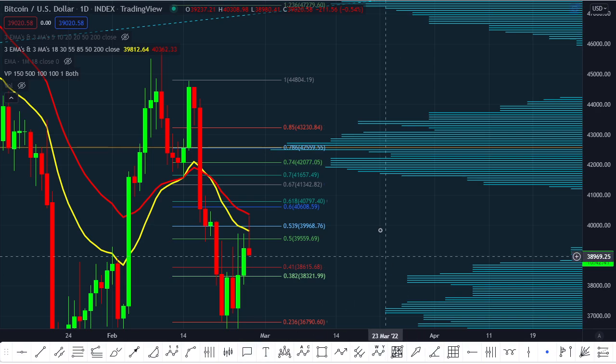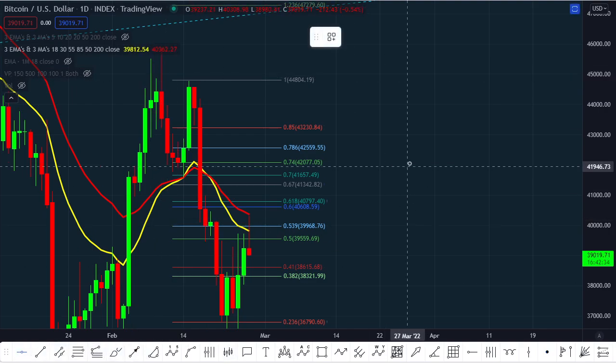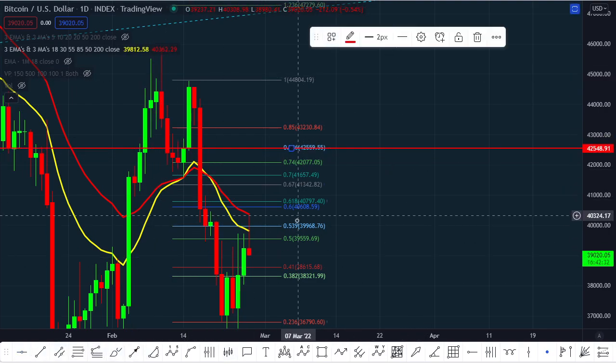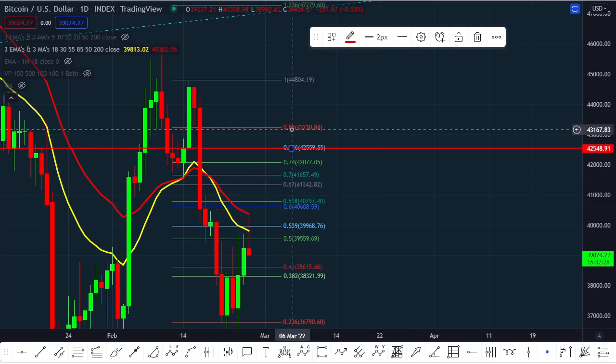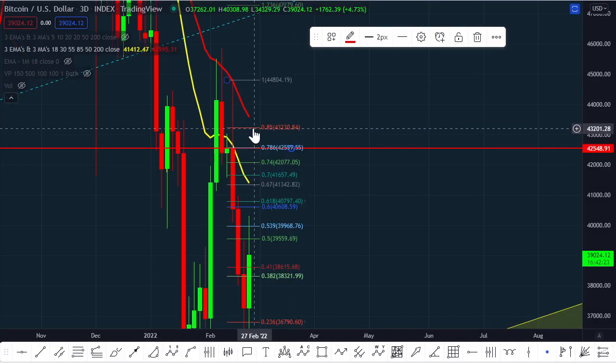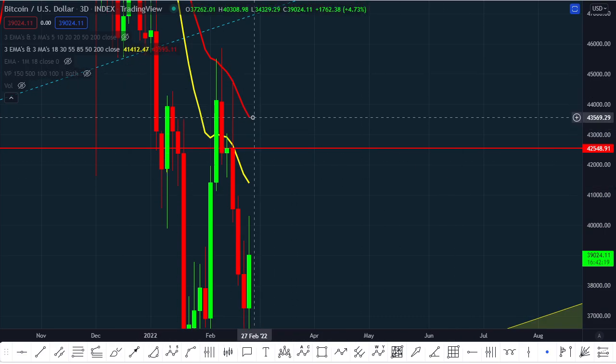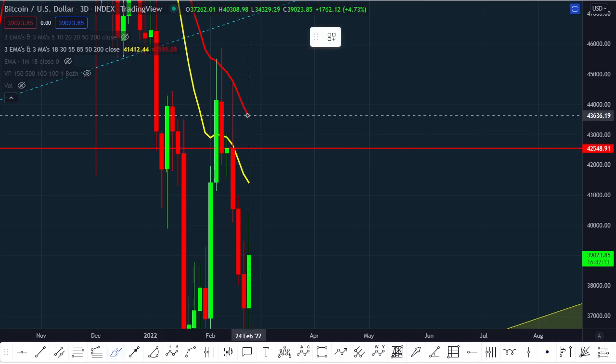Very, very strong resistance. And I'm going to show you one more thing. I'm going to highlight this level right here, which is the 42,600 level around that area, which is also a 0.786 fib retracement. And I'm going to go to the 3-day chart and show you one interesting thing as well, which is the 3-day 30 EMA. So the 3-day 30 EMA is right now coming in around 43,600, right? But these EMAs actually move to the downside.